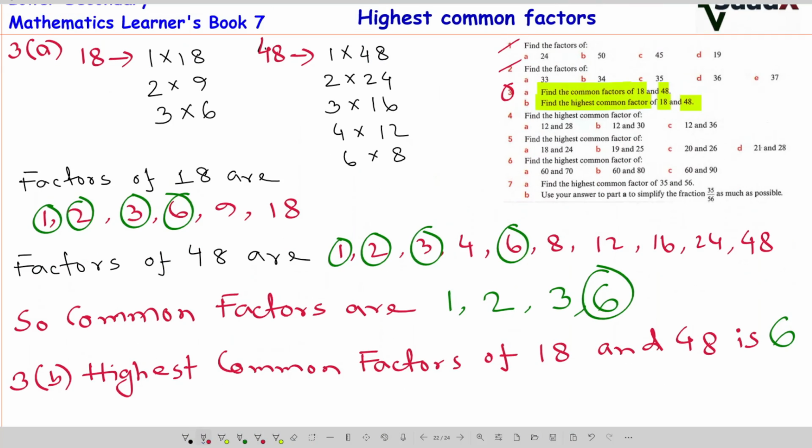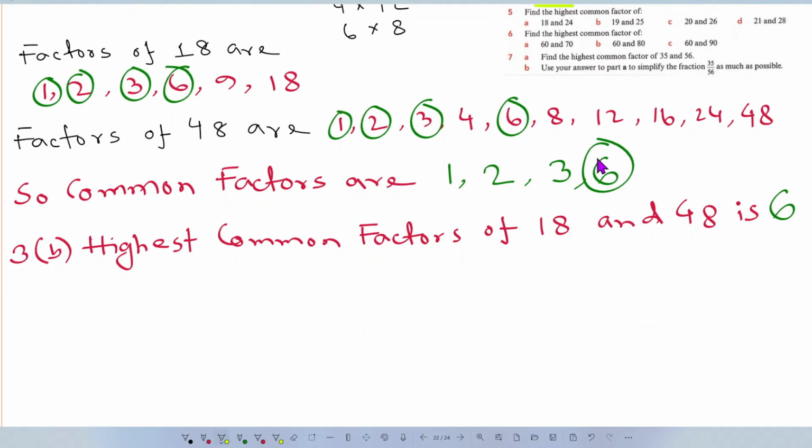4a. Find out the highest common factor of 12 and 28. So HCF of 12 and 28, this one we can write in here.